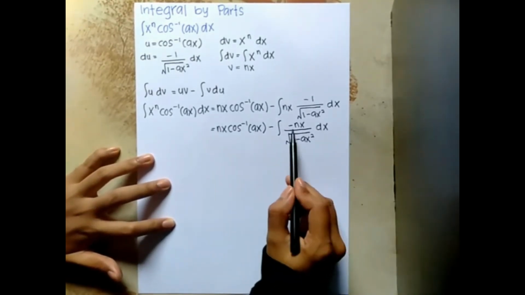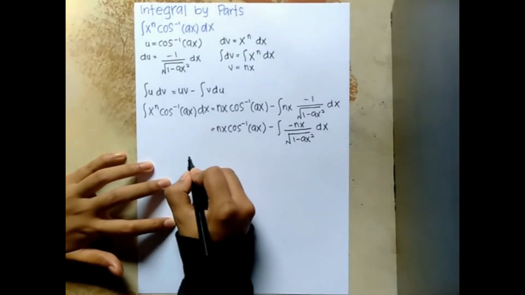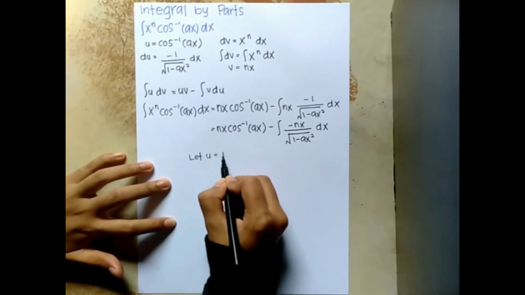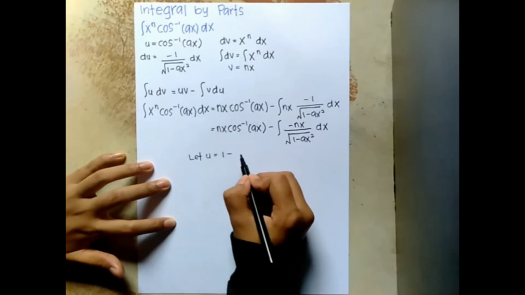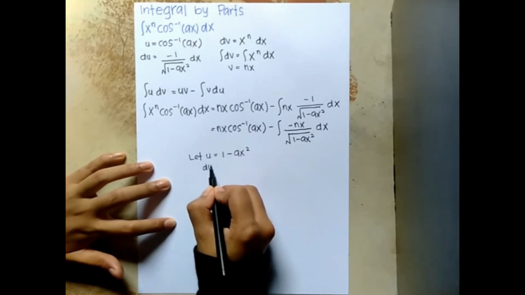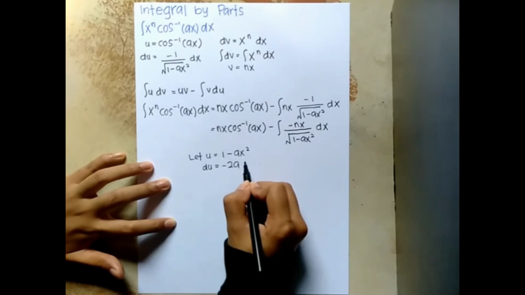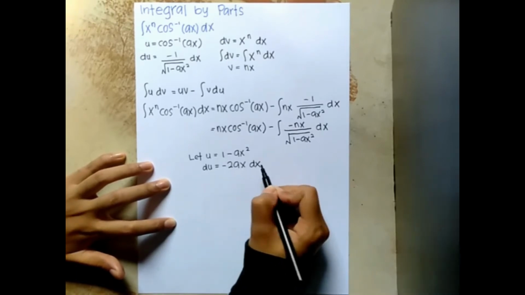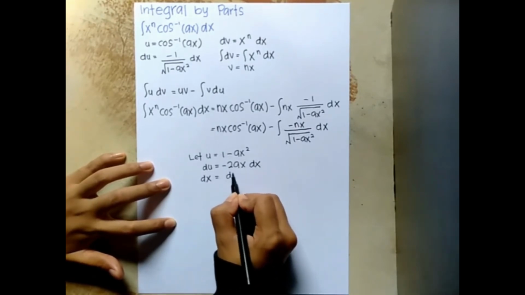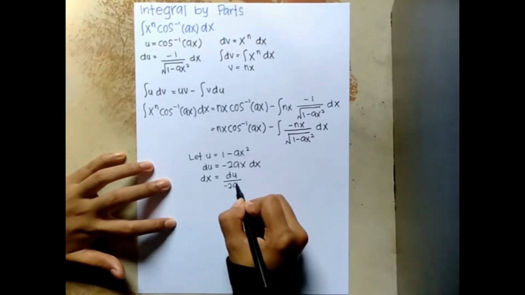And then next to solve this one, we will use a substitution, which is we let u equal 1 minus ax squared, and then the differential of u is equal to negative 2ax dx, and then we will let our dx equal du over negative 2ax.